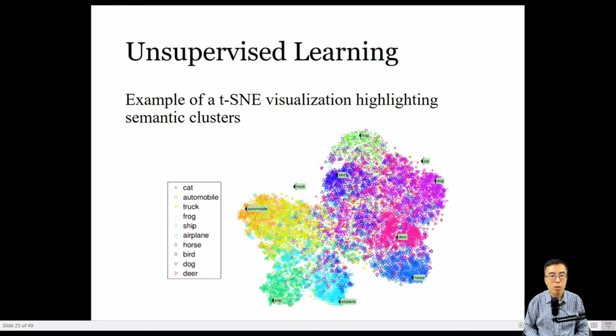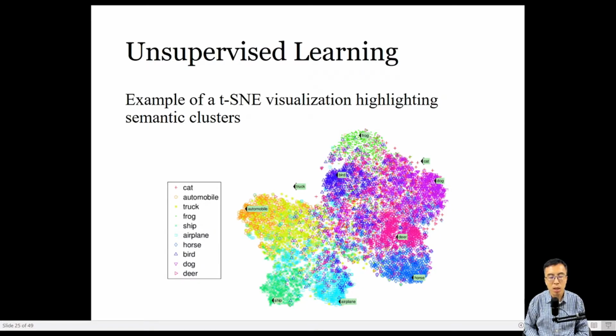Another example of unsupervised learning here is the t-SNE visualization, one specific unsupervised learning algorithm, used to highlight the semantic clusters.